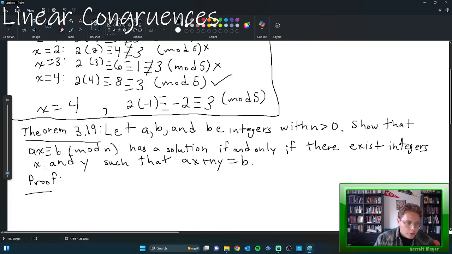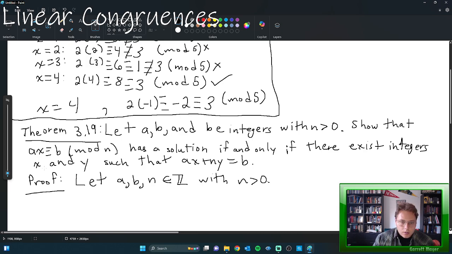So for our proof, first we're just going to define a, b, and n. They're all integers with n greater than 0. And the first thing we're going to do is prove the first direction. So we're going to basically define a solution. We're going to let ax be congruent to b mod n for some integer x.